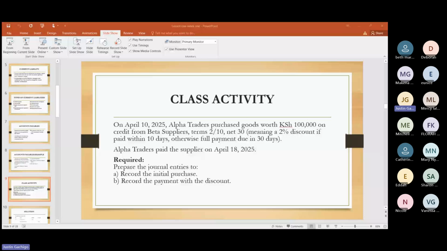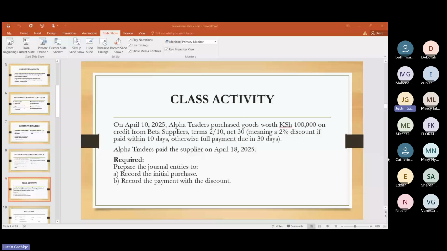So you debit inventory, then you credit Better Suppliers. Are we together? Is that clear? Yes, okay, thank you.